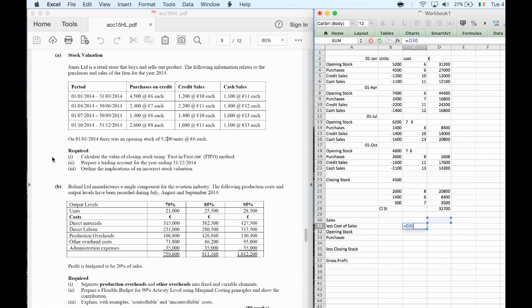So I'm going to add all of my sales. So I'll add the 1200. Let's see, I had 1200 and that. So that's the cash sales credits. So 12 grand and 12.1. So I'll have that number plus that number plus that number plus that number plus that number plus that number.